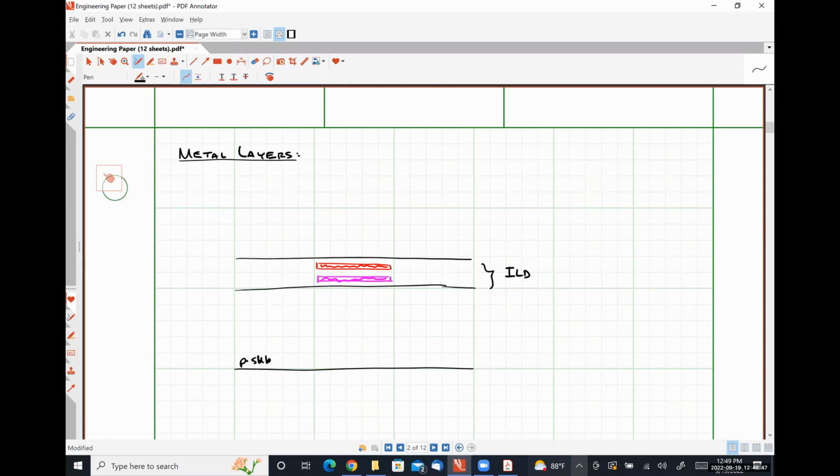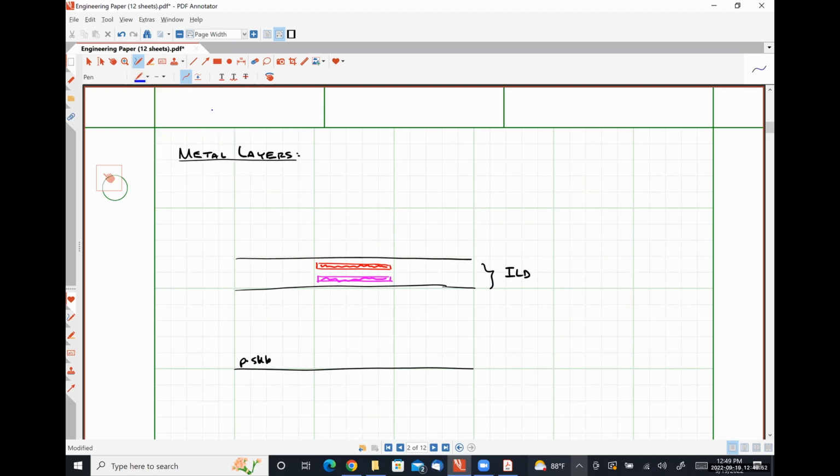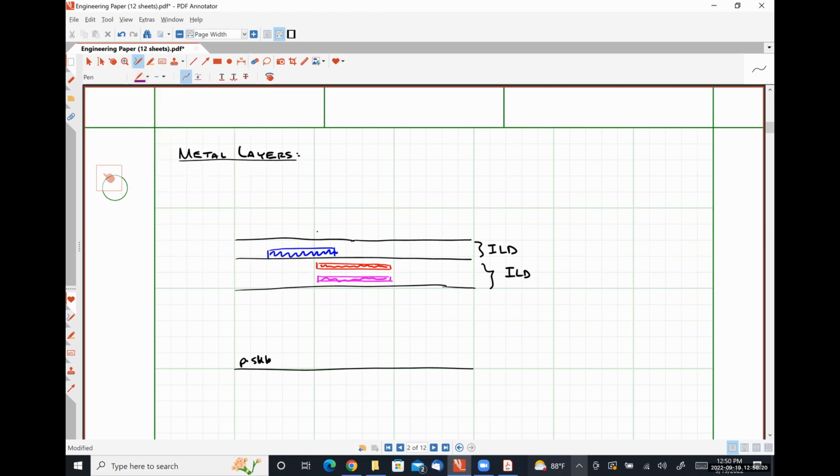Okay. So on top of this first interlayer dielectric, we have our metal 1 layer. And I'm playing fast and loose with the sizes of these layers, and we'll define things a little bit better in a moment. Then we have another interlayer dielectric. And then we have our metal 2 layer.